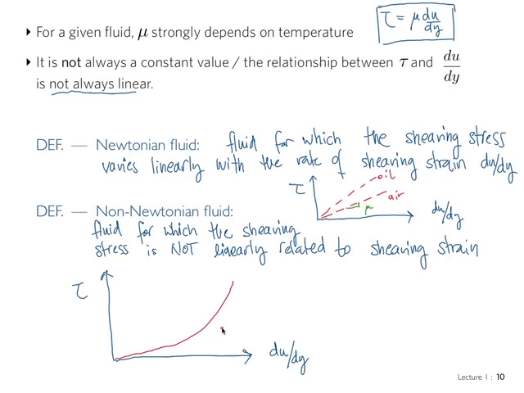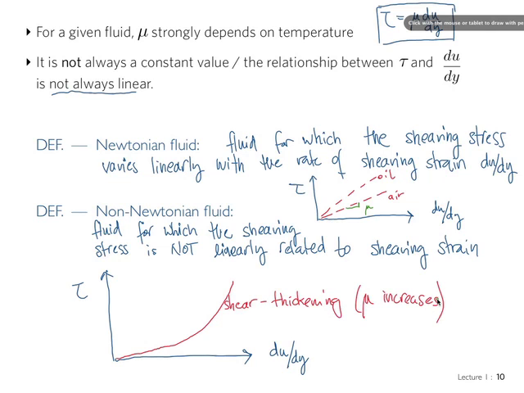And we call something that behaves in this way a shear thickening fluid. It gets thick as we shear it. Shear thickening. Okay. So that means that mu increases.